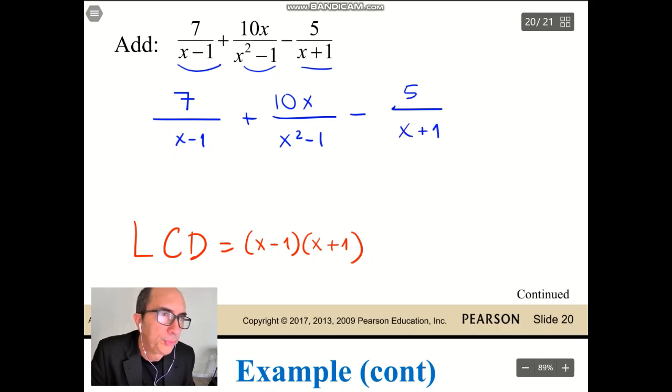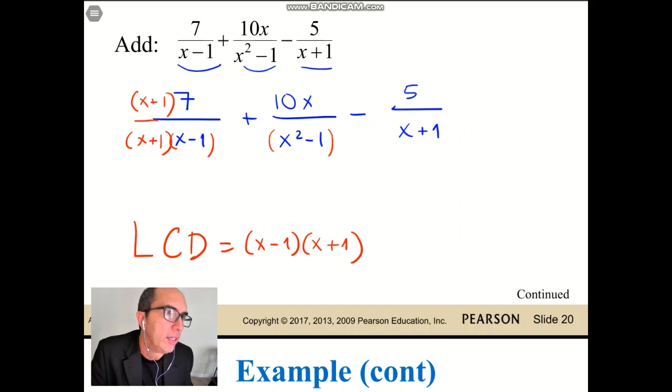To make this first one the least common denominator, we need to multiply by x plus 1, right? And we're going to multiply on the bottom and on the top as well. This is the same thing as the least common denominator, and the last one you have to multiply by x minus 1 and multiply on the bottom and on the top.